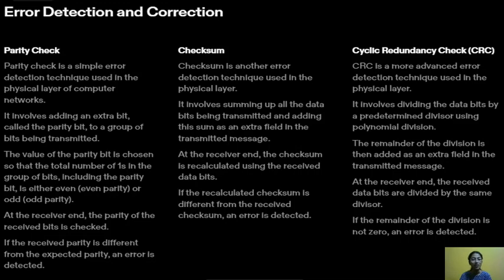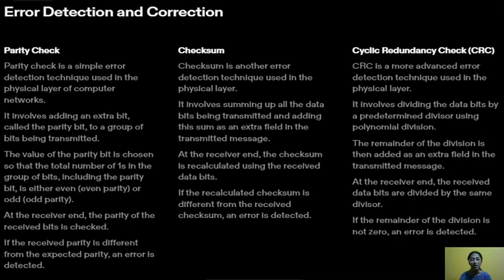The value of the parity bit is chosen so that the total number of ones in the group of bits, including the parity bit, is either even or odd. At the receiver end, the parity of the received bits is checked. If the received parity is different from the expected parity, an error is detected.